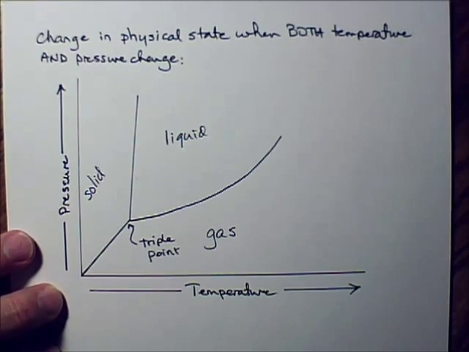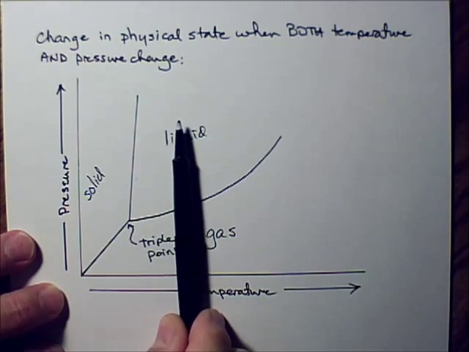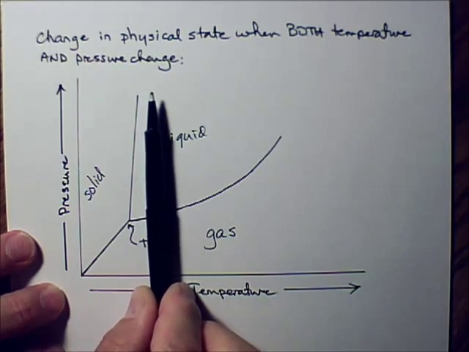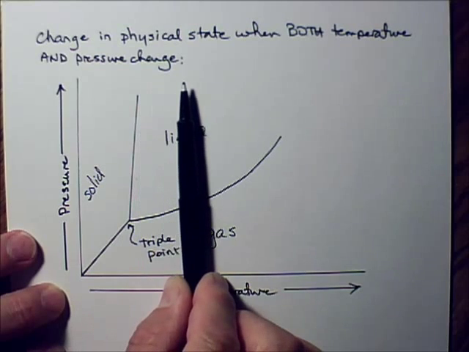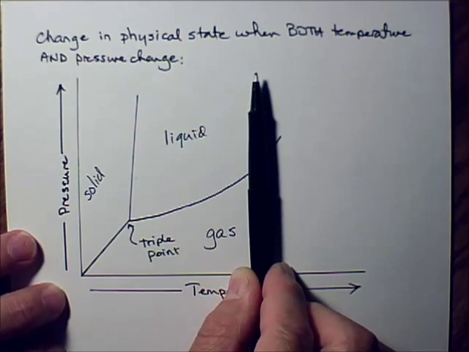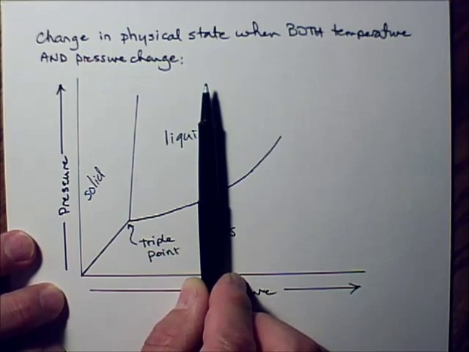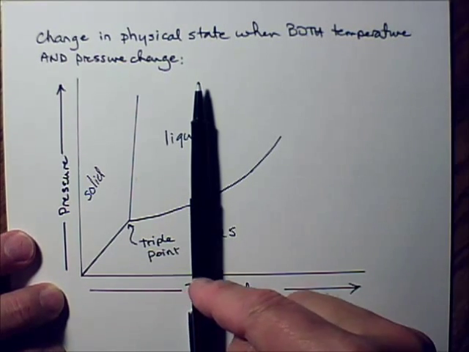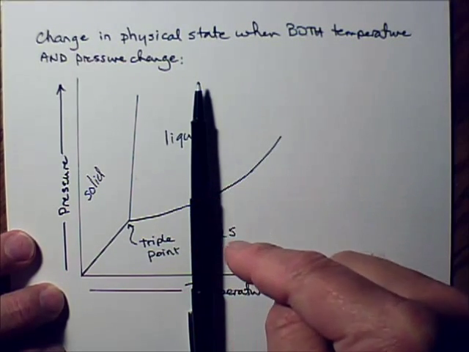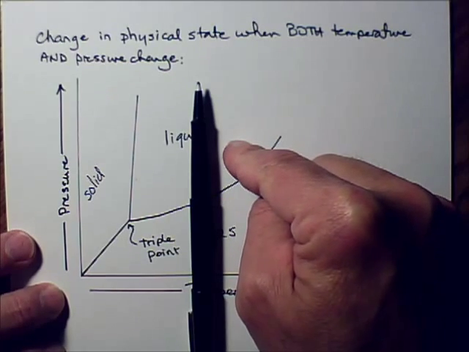For every substance, there's a point at which you can increase the temperature. So I'm showing you what's happening when I increase the temperature here. You can increase the temperature to a point where no matter what pressure you put it under, it will never become a liquid. So down here, as long as the temperature is back this way, if I increase the pressure, I'm going to make it go from gas to liquid.